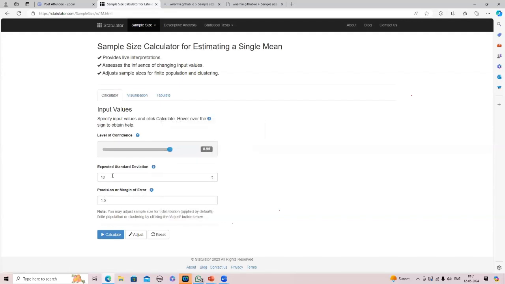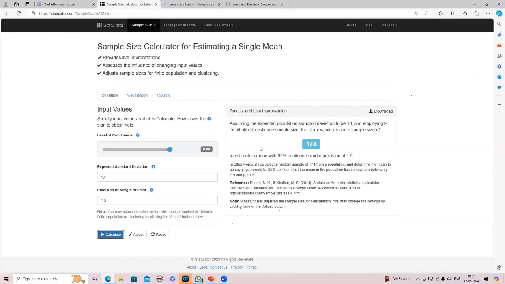I assume that the standard deviation is 10 and my margin of error is 1.5. So you calculate according to this information, and my sample size is 175. That is, assuming the expected population standard deviation is 10 and applying the T distribution to estimate the sample size, the study will require a sample size of 174.